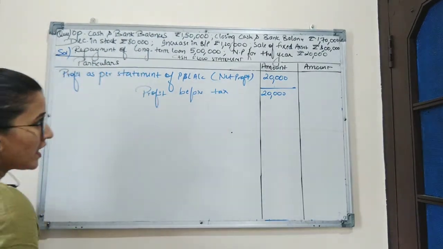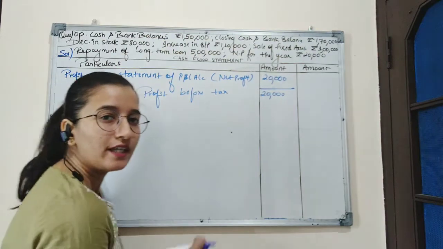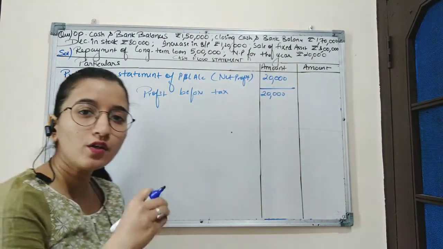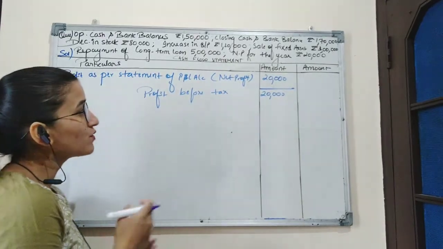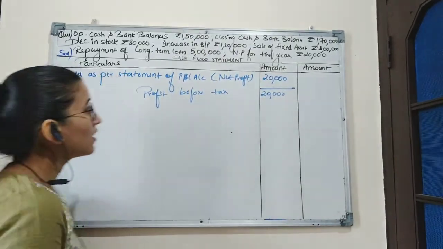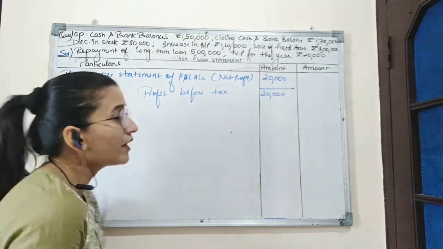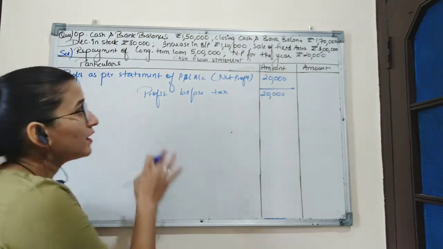Now as we know, while calculating cash flow from operating activities, we add all the non-operating expenses and we subtract all the non-operating incomes from profit. But here in the question, there are no non-operating expenses and no non-operating income given.